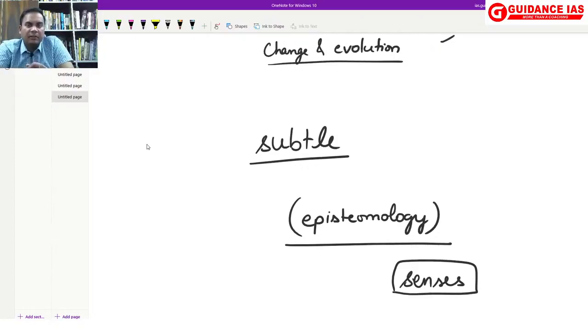On the other hand, anti-realism sees everything as subjective.